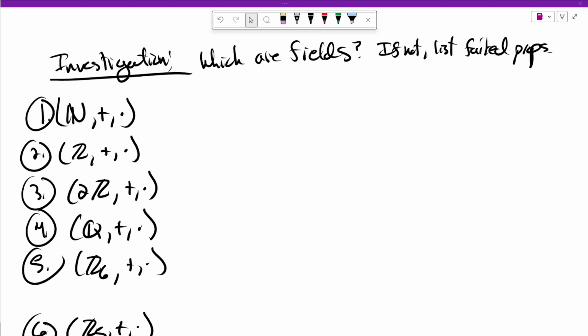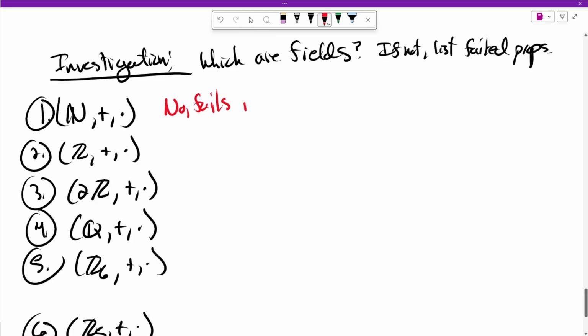Okay, N, the natural numbers, which is the positive integers with plus and dot. This is not a field. What does it fail? Well, it fails a lot. Addition's associative, that's fine. Addition's commutative, that's fine.